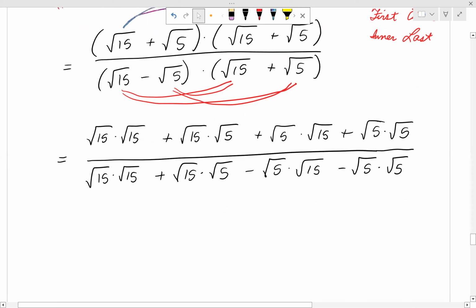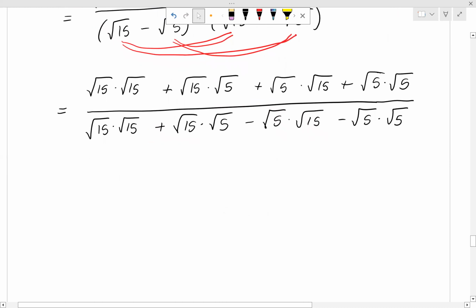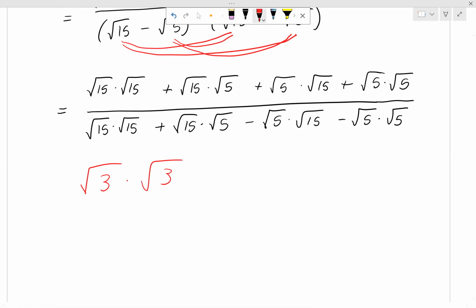All right, so this kind of looks a little messy, but notice that some things I can rearrange and collect them, and some things kind of go together. So if I have, for example, the square root of 3 times the square root of 3, I can use the fact that square root of a times square root of b equals square root of a times b, and I'm going to get square root of 9.